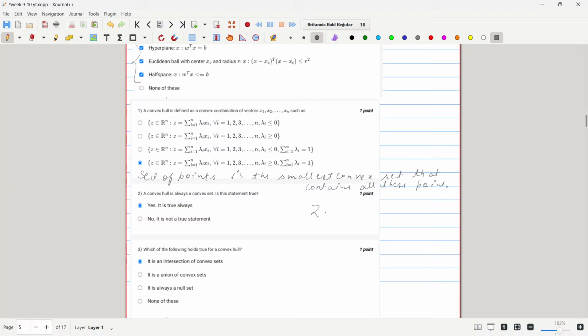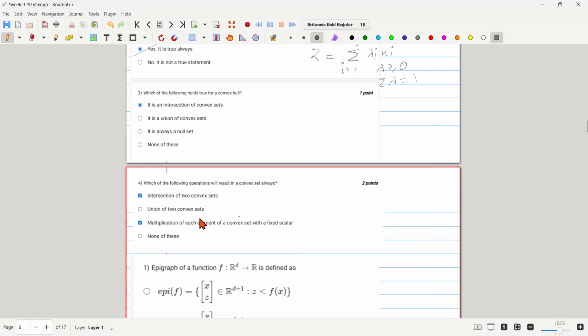You can represent the convex hull as the summation, i from 1 to n, of lambda_i x_i, such that all the values of lambda should be greater than or equal to 0, and the sum of all the values of lambda should be equal to 1. So this is your convex hull. Is the convex hull always a convex set? Yes, it is always true.